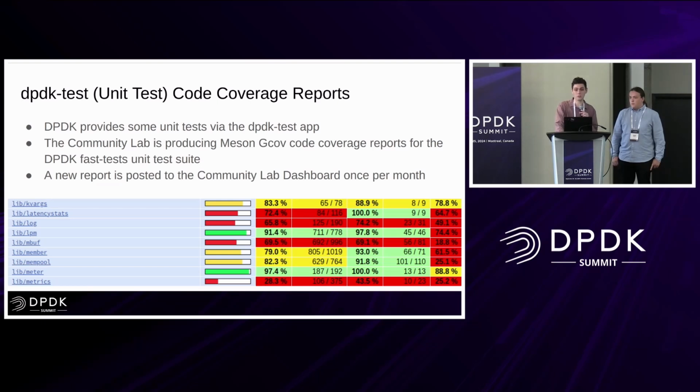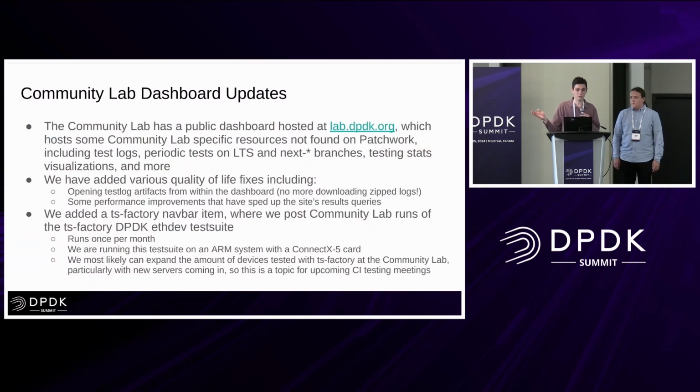You can go on to lab.dpdk.org and see our once per month code coverage reports. Hopefully that gives a little visibility to the coverage and can show over time if the coverage is getting better or worse. There's a little visual there, but you can see the full thing if you download it.